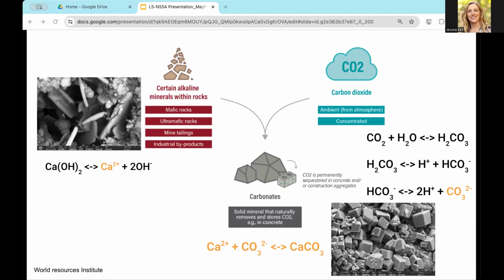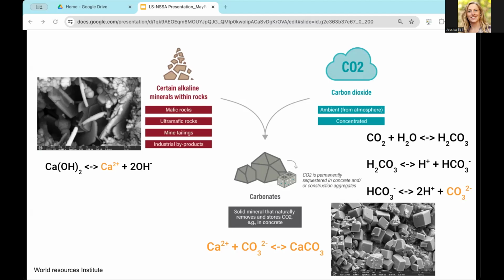And also we use water that has been pressurized with CO2. On the right side, there's a chemical equation. If CO2 reacts with water, it forms carbonic acid, H2CO3. H2CO3 is a weak acid, so it can release one proton and then another proton. So eventually we can form carbonate, CO3 2 minus.